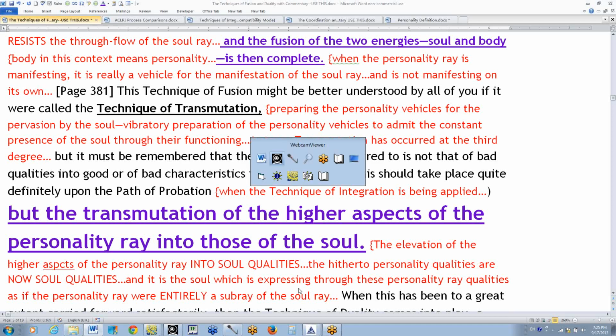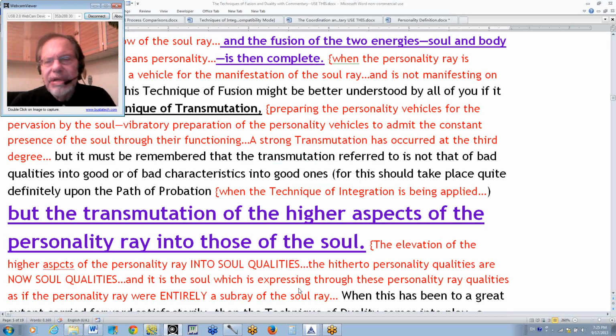So let's just say, if I had a fourth ray personality, which sometimes I do and sometimes I don't, which means I do. If I had a fourth ray personality, when it expresses, it is always expressing the second ray soul, if I am a truly soul-infused personality. In other words, if the technique of fusion has really been accomplished within this energy system, then every time the personality ray expresses, it's really expressing the soul.